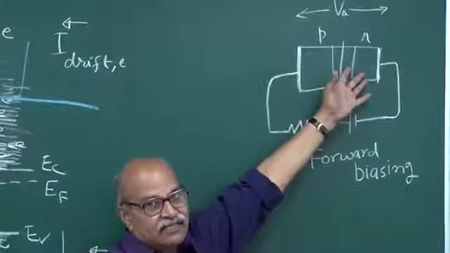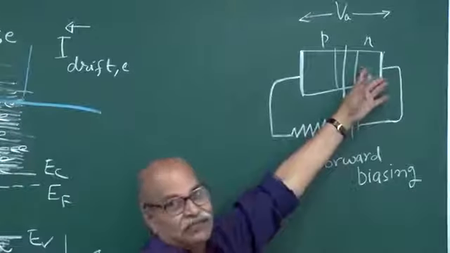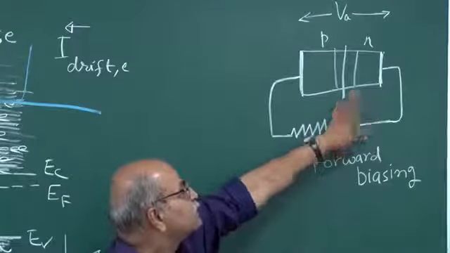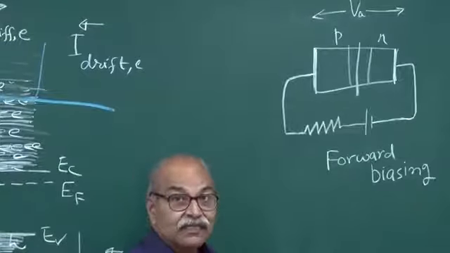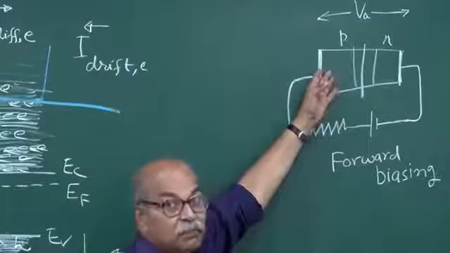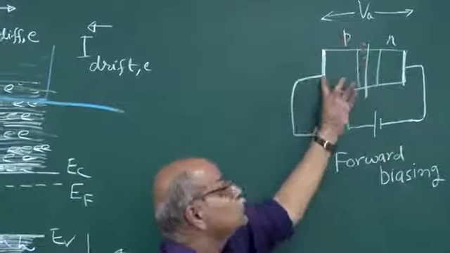So if I take this N side as the reference side, call it zero potential, then before this cell was connected, this was already at some potential, you know that. And now we are putting extra potential there. This VA is on top of that.